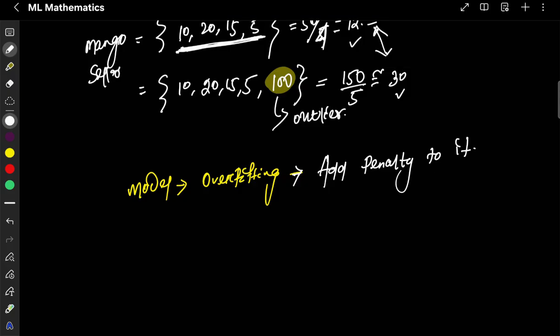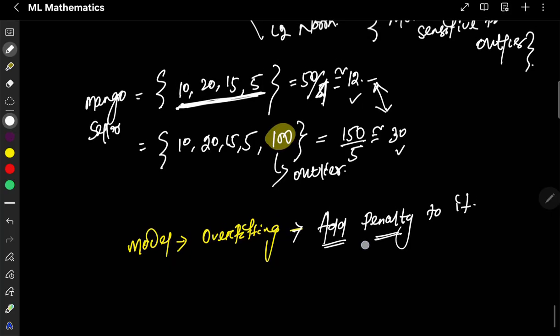The penalty is, logically, kind of reducing the accuracy. If your accuracy is pretty high, that's where the overfitting issue comes in, and that's where the penalty works fine.